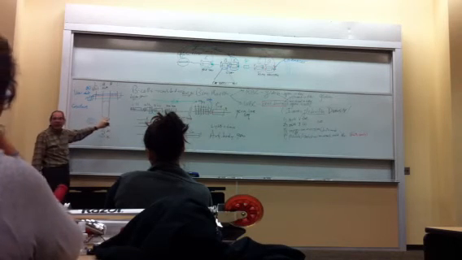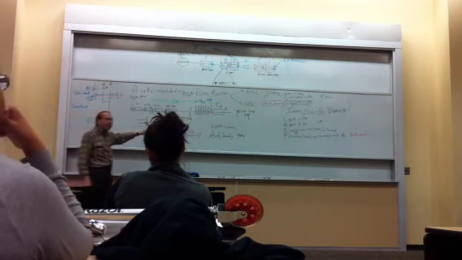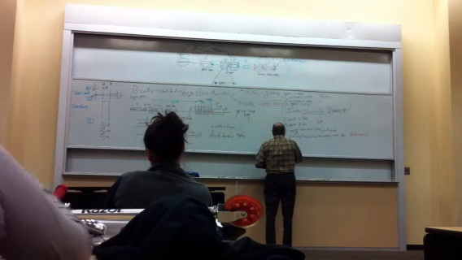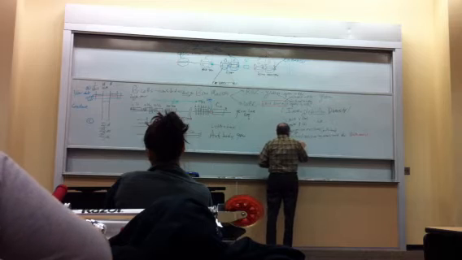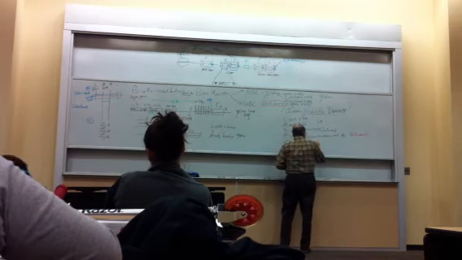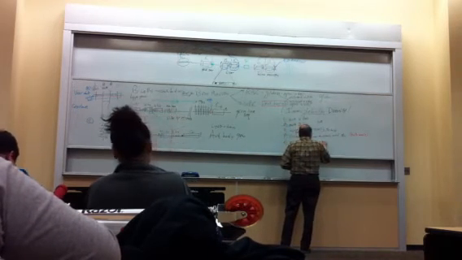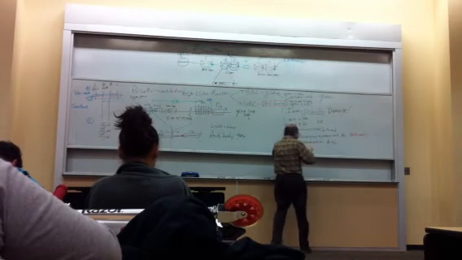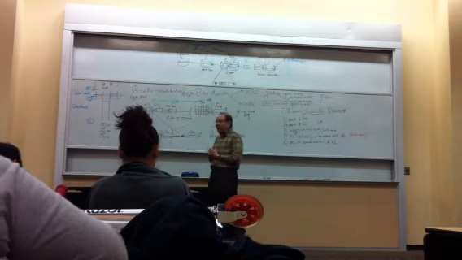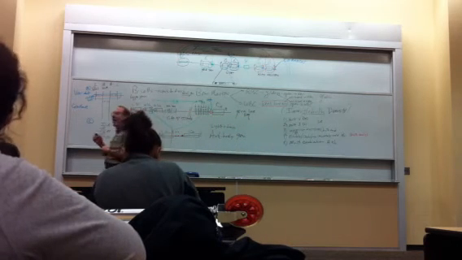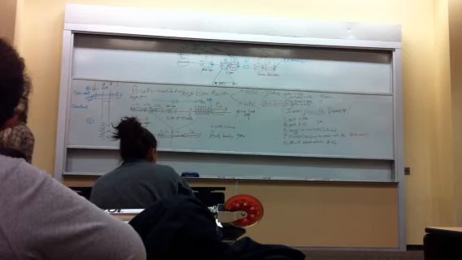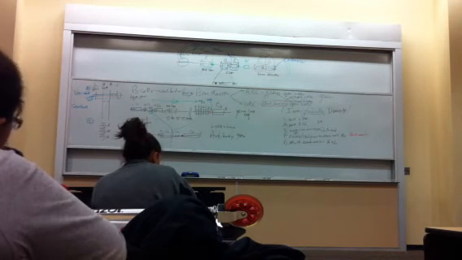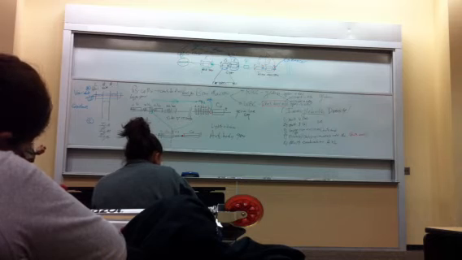Any questions on that? Next, we have multiple combinations of light chains and heavy chains. And so each cell will only make one light chain.